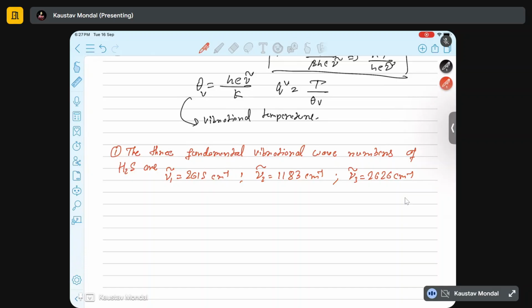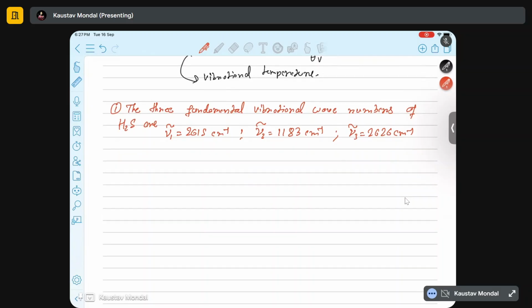The question is: evaluate the vibrational partition function QV at T equal to 1200 K. The other parameters are given in the problem.